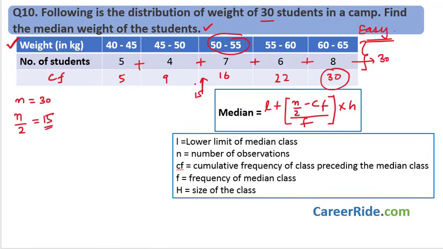So which means my 50 to 55 class interval becomes my median class.